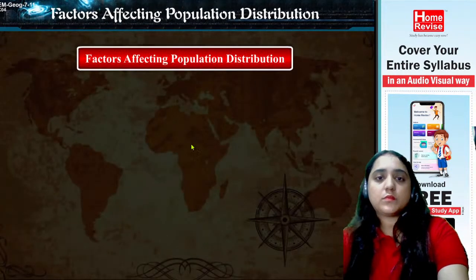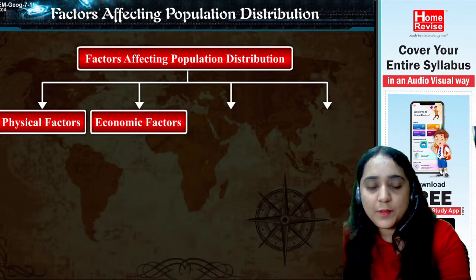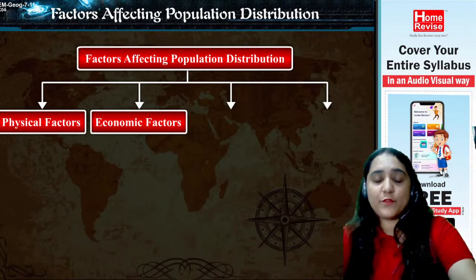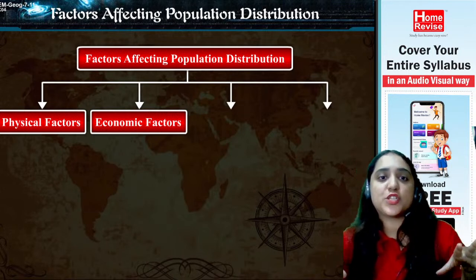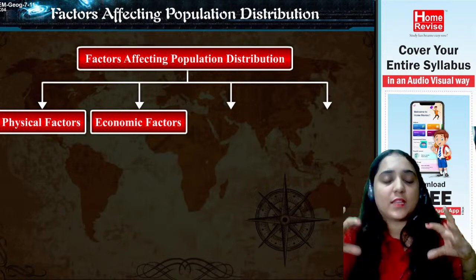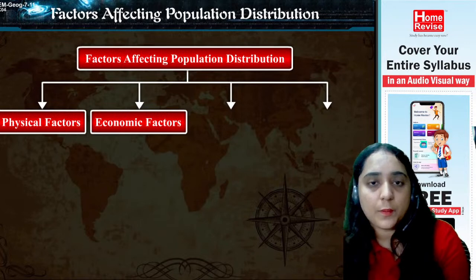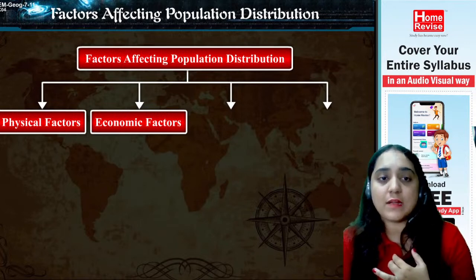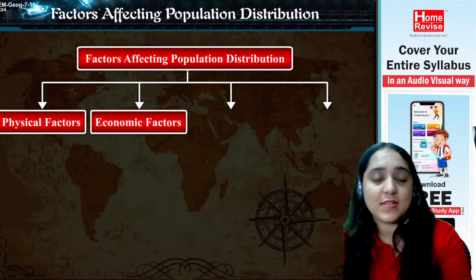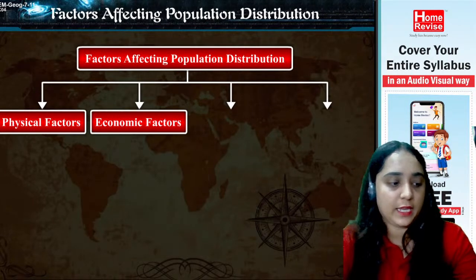Now, as we were saying about population distribution, there are a few factors that affect the population distribution. So now let's see what they are. It can be physical factors, economic factors, and many more. So let's pay attention and we will understand each in detail.